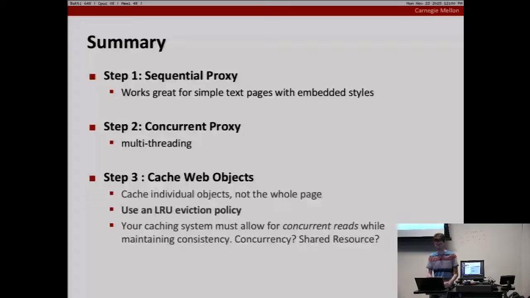So, summary. Step 1, sequential proxy. Step 2, make it concurrent. Once you've got the sequential proxy working, that'll be enough to actually use it through your browser, and you can start doing that then. With the concurrent proxy, you should see it working better on sites. The Twitch site probably won't work with your sequential proxy just because it'll be too slow. Once you've got it working concurrently, you should be able to see any web page working.